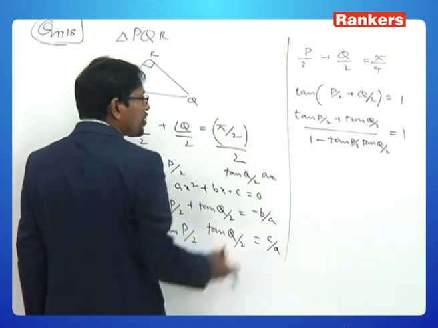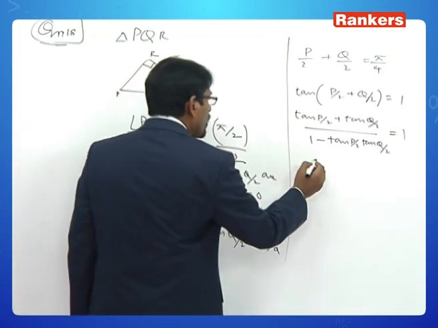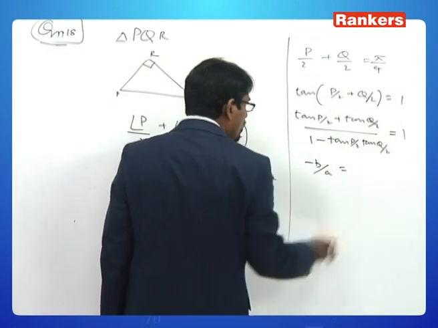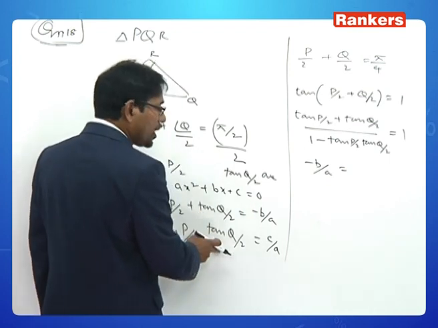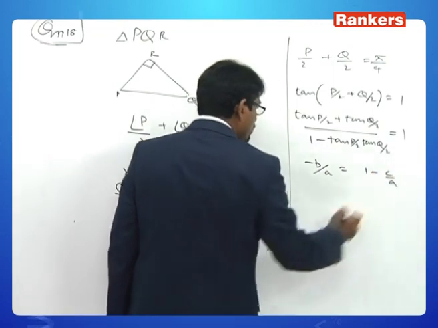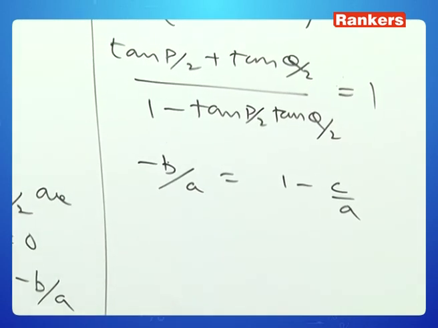So from here it's very clear, tan P by 2 plus tan Q by 2 is minus b by a, and that should be equal to, cross multiply, 1 minus tan P by 2 into tan Q by 2. What is tan P by 2 into tan Q by 2? So 1 minus c by a. So from here, just transpose it this side.